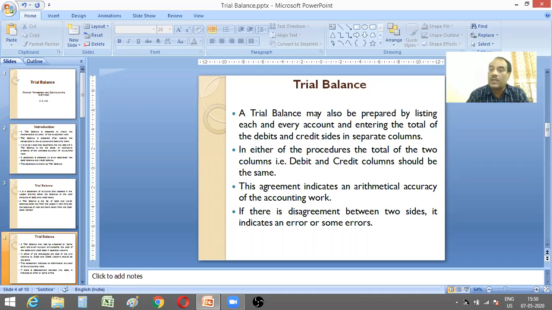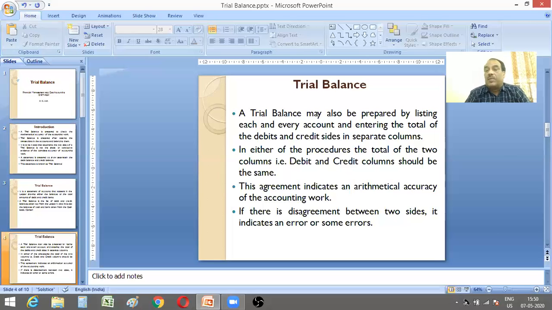Accounting work is accurate, almost accurate. It is not perfect or sole evidence of accuracy, but we will say that it appears that there are no arithmetical mistakes in the accounting work.